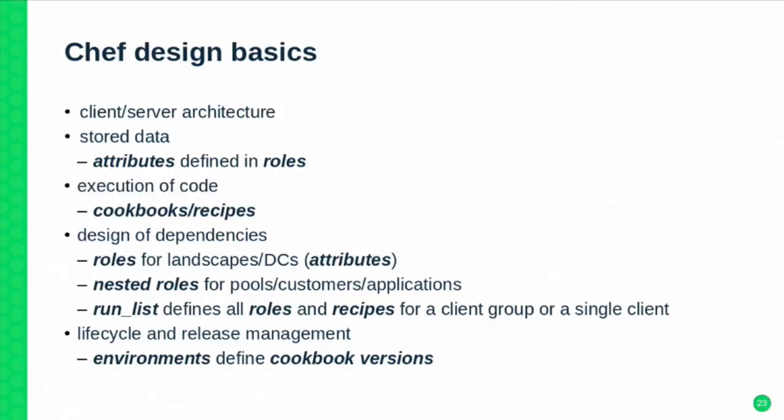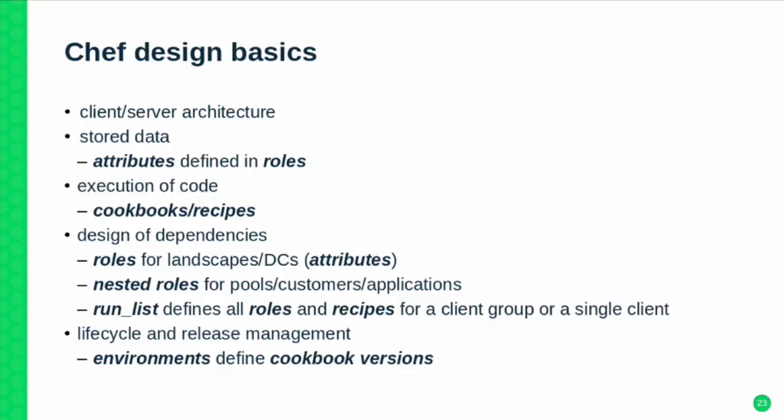Then we have a dependency design in Chef, in that you can have roles. In these roles, as I said, the attributes are defined, for example NTP servers for a specific data center. And then we can nest these roles, so we can concatenate several roles and do all the dependency stuff you can imagine.